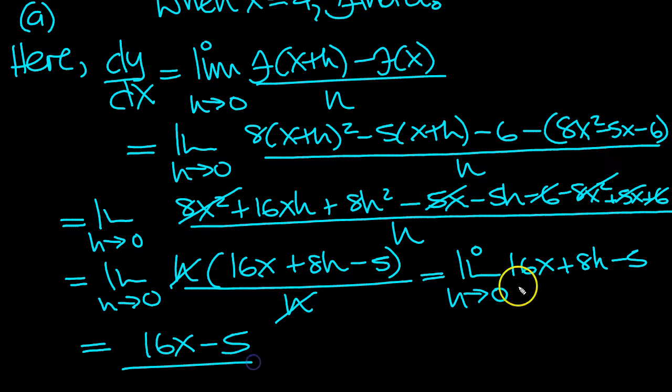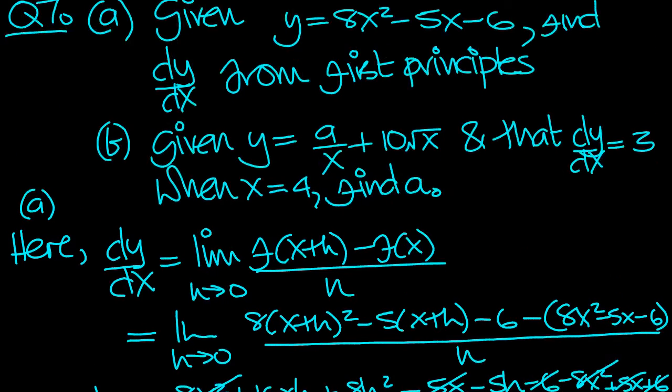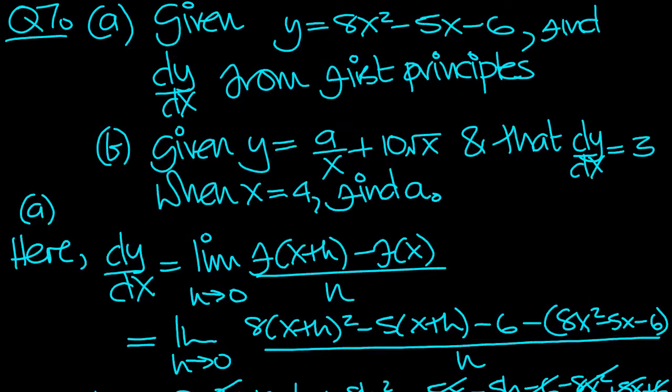So that's the derivative then of that quadratic, which is what we would have expected, 16x minus 5.